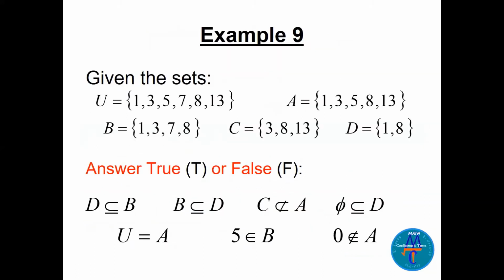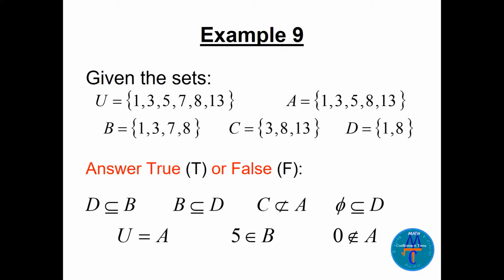I think an easy, nice example here. We have 5 sets: set U, set A, set B, set C, and set D. I advise you here, take a little pause, please. I put 7 simple questions: 1, 2, 3, 4, 5, 6, 7. True or false.